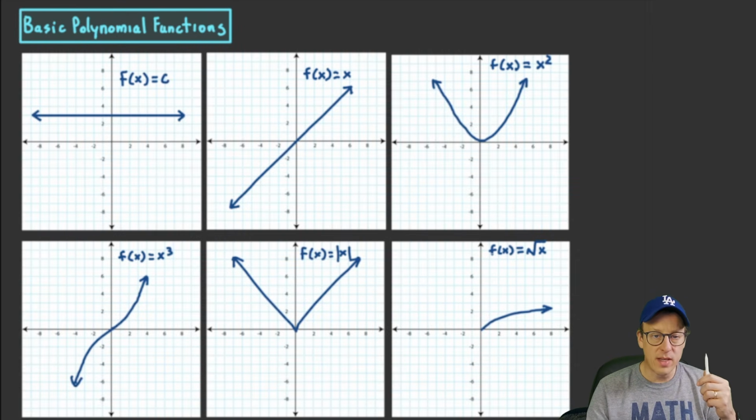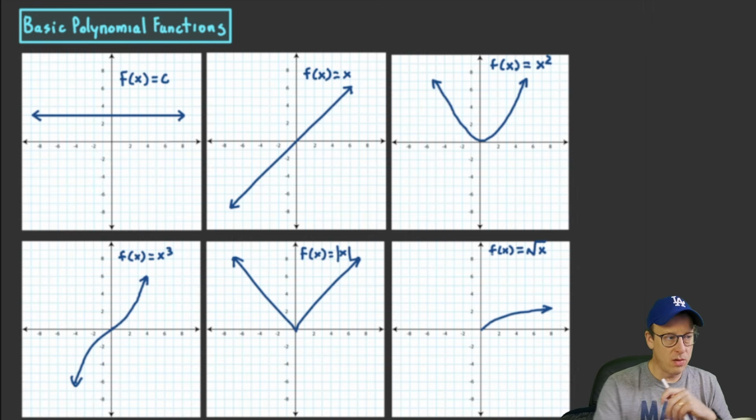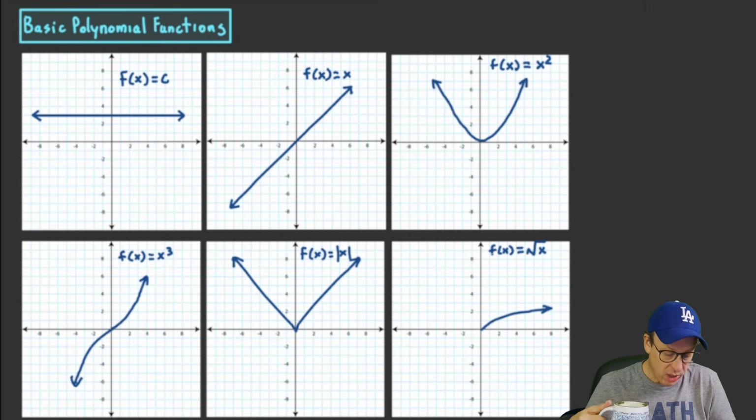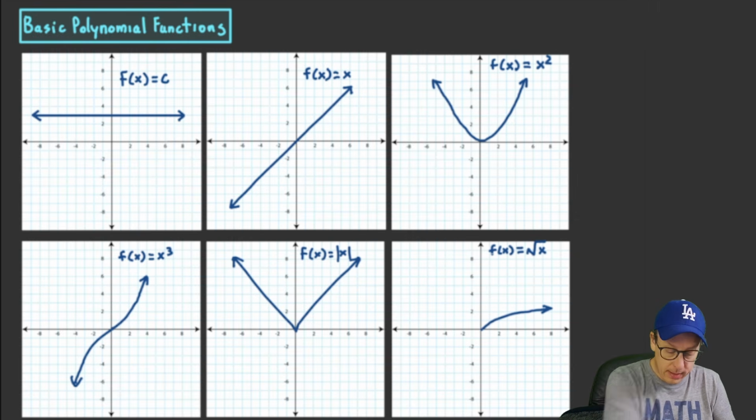Then what I did was, this wasn't in the book, but I thought it was very important to know the basic polynomial functions so that you can look at a function that fits these formats and know what the graph is supposed to look like. And that is an example.